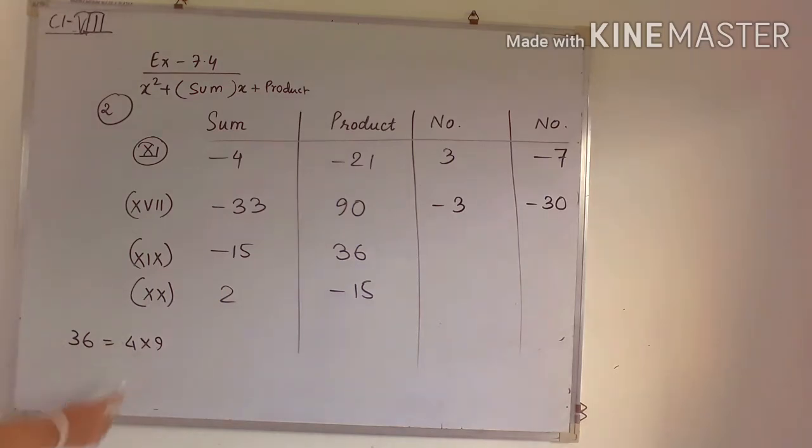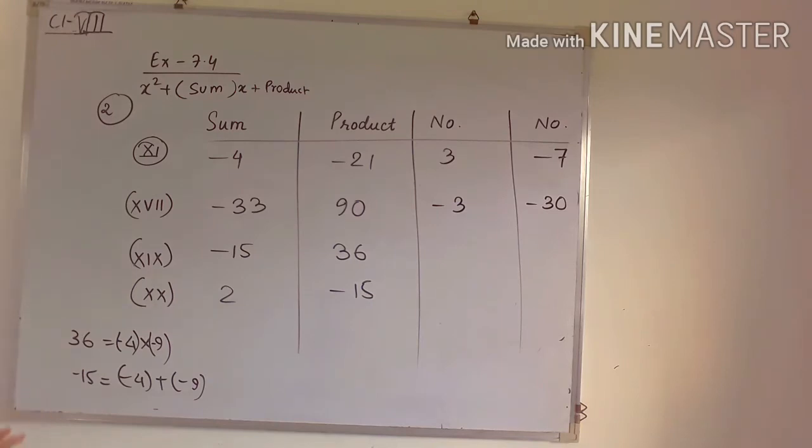Just I am doing the factorization of 36, that is 4 into 9. So by taking 4 and 9, see, the addition of 4 and 9 will be what? 15, okay. Again it is minus 15, so we have to take both the number as negative numbers. So minus 4 plus minus 9 will be what? Minus 15.